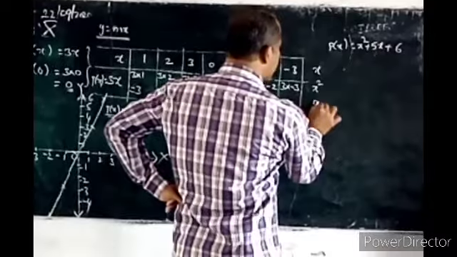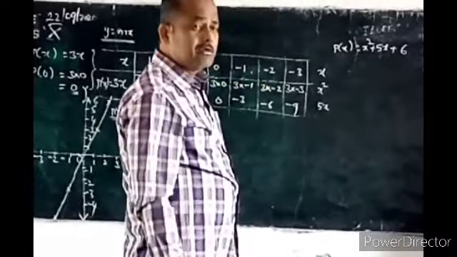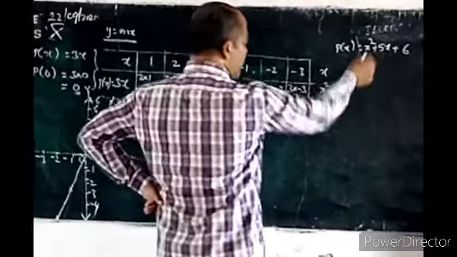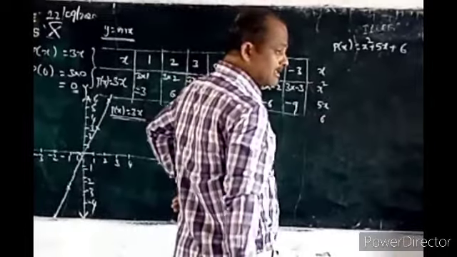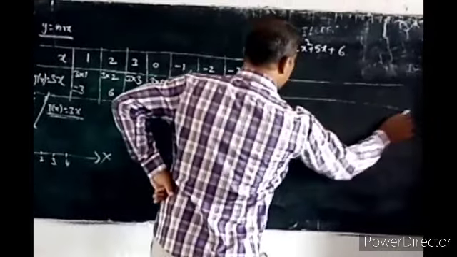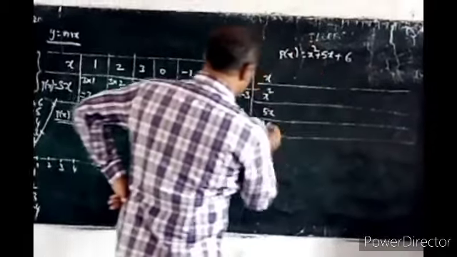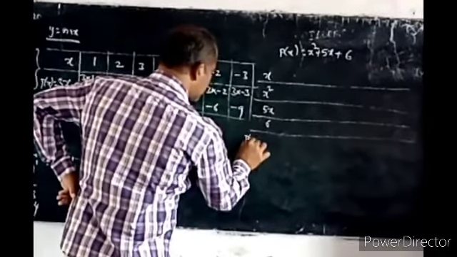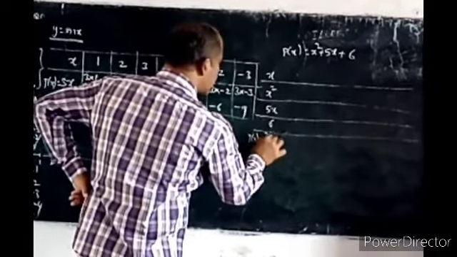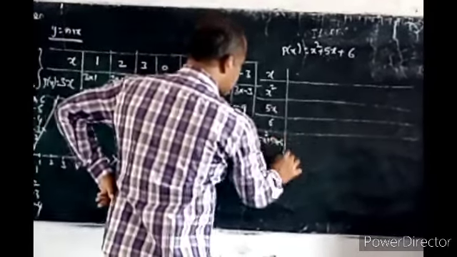If you are able to write directly at a time, then you can proceed. Next, plus 6. Prepare the different columns for this. And finally, total p of x, which is x square plus 5x plus 6.